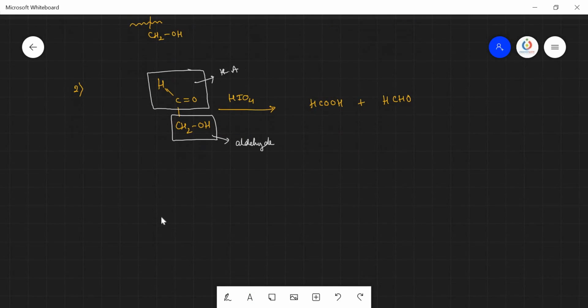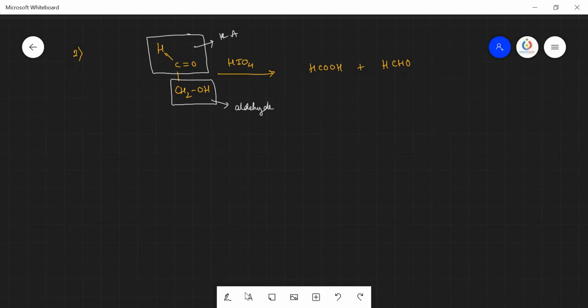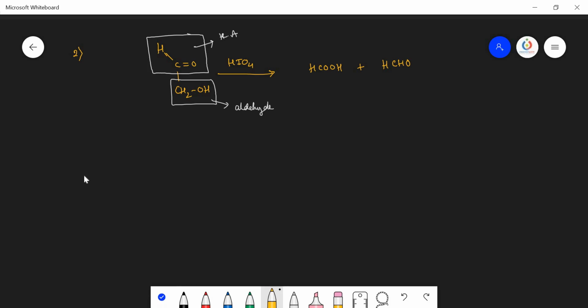Now, generally a doubt arises: what happens if the molecules are like this? In the sense, let us take CH2OH, C double bond O, CH2OH. So when this is subjected to the HIO4, what do we have to do?